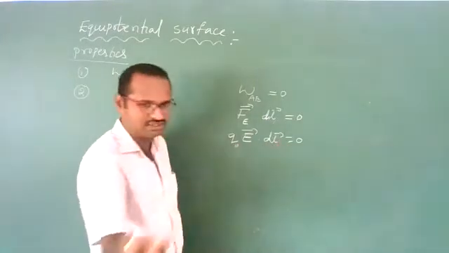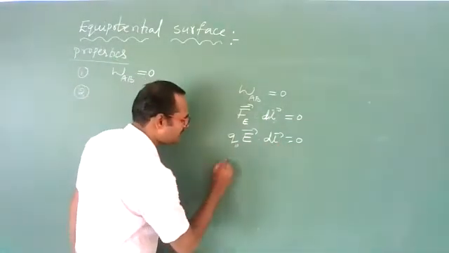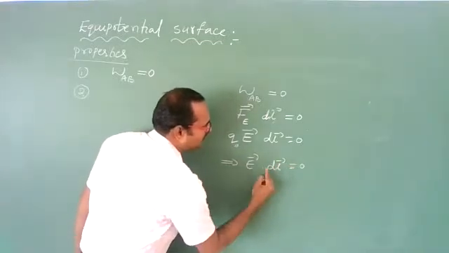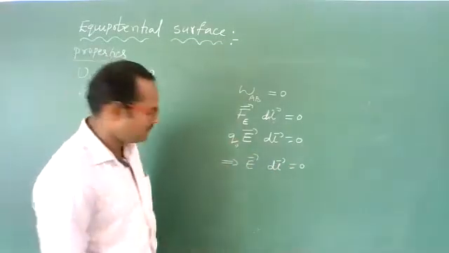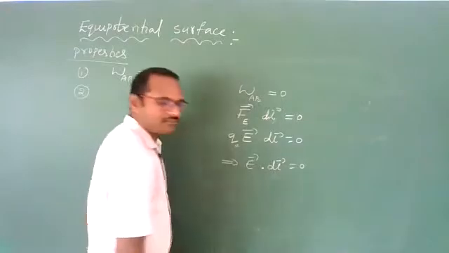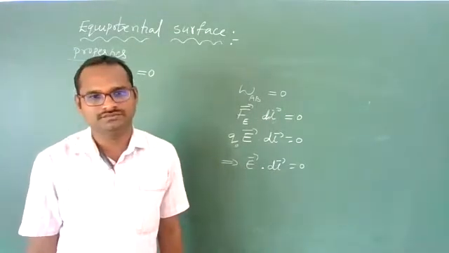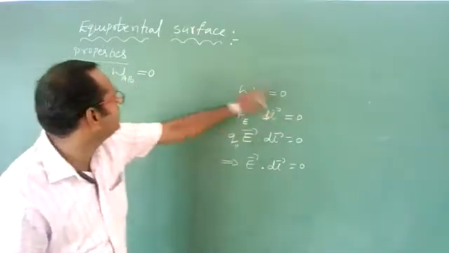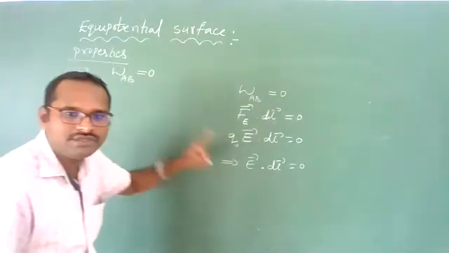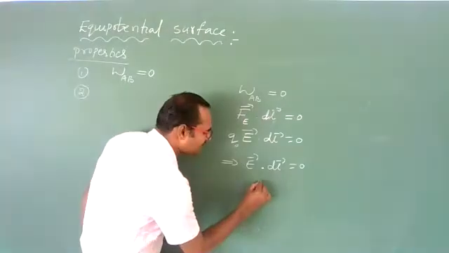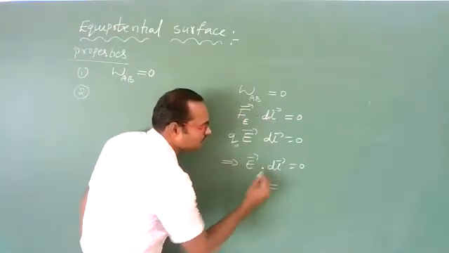This q naught, you take as the test charge, then q naught E bar dot dl bar should be equal to 0. It is a dot product. Whenever you get zero value in a dot product, what will be the angle theta between these two?